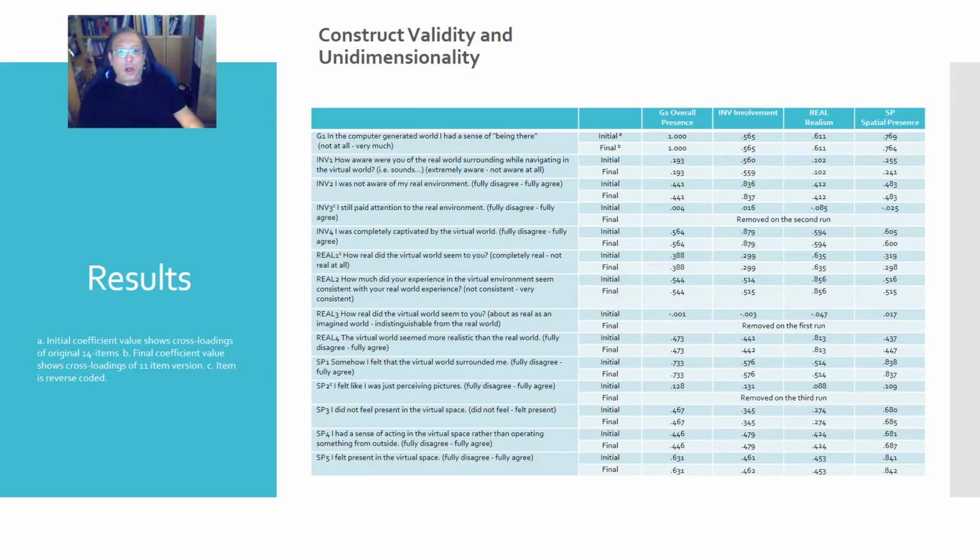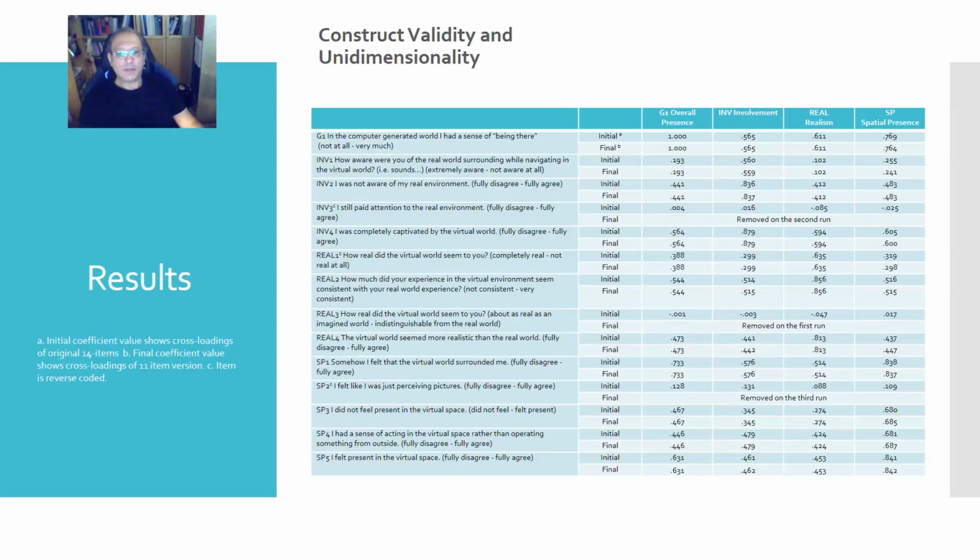So we achieved some construct validity and unidimensionality for the scale, but we had to remove 3 of the items. Here there were some measurement errors on these items. They were not loading on any of those dimensions, and we had to eliminate them one by one, from the worst one.